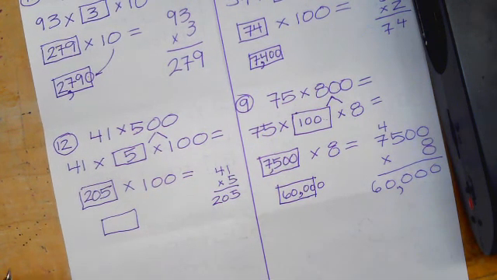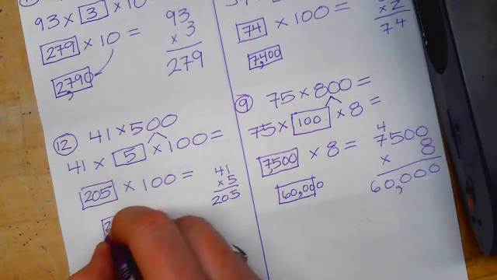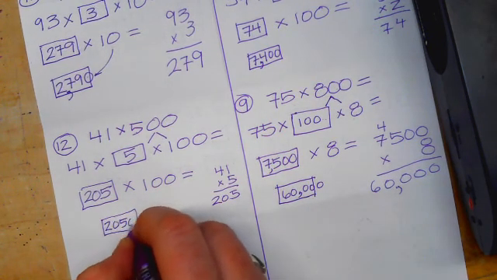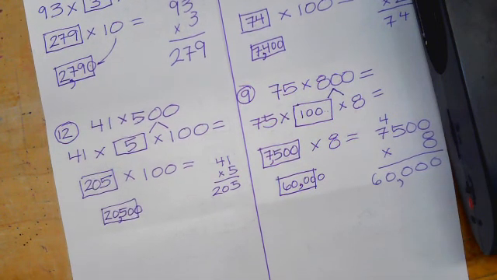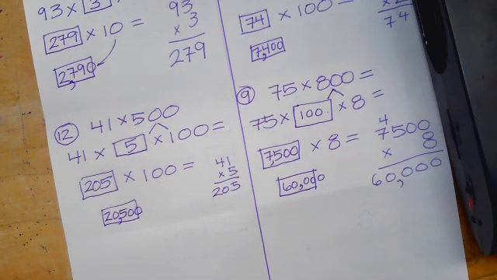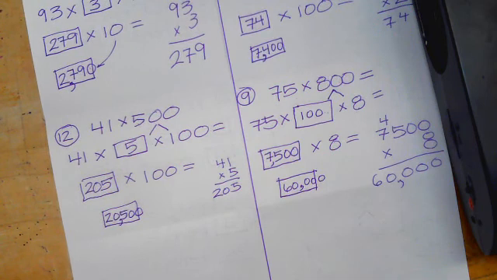So if we take 41 times 5, I get 205. And if I'm multiplying that by 100, that means it's going to be 205 with 2 zeros on the end.